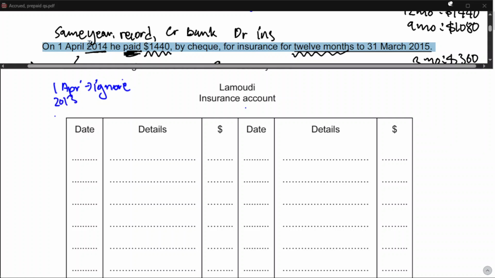So now it's 2014 1 April, which will be insurance. Insurance as usual: debit account plus, credit minus. Insurance debit bank.